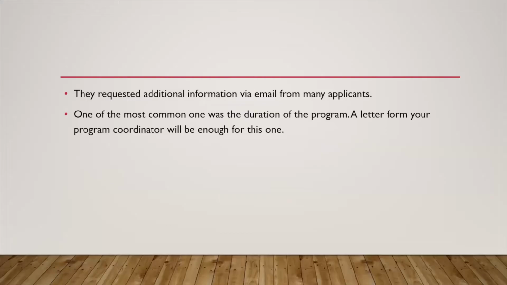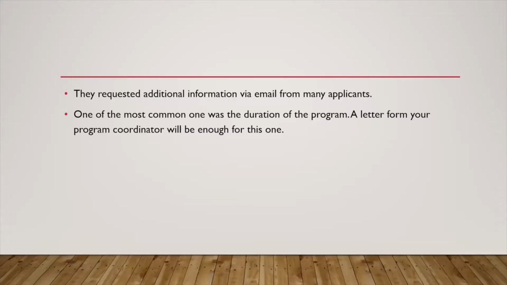Last year, some applicants got an email asking for additional documents. For me, it was one of the very common things they asked. For us, the contracts come out for 1 year, and on the application, we mentioned that it's a 3-year program or 4-year program.